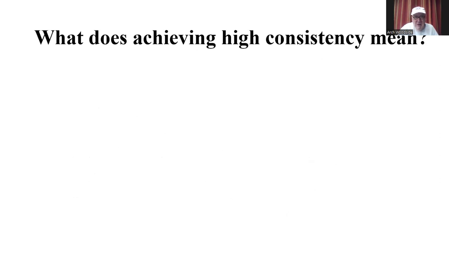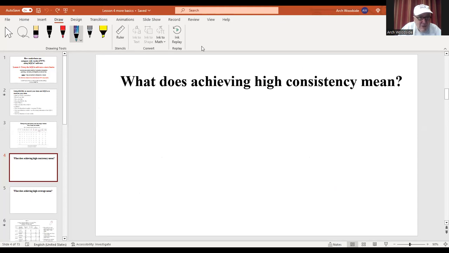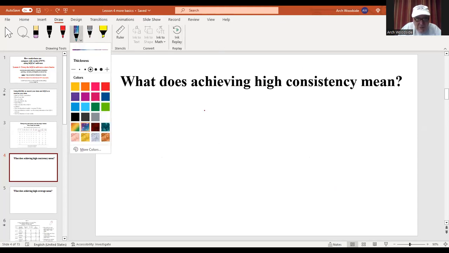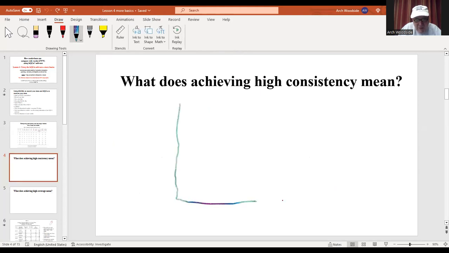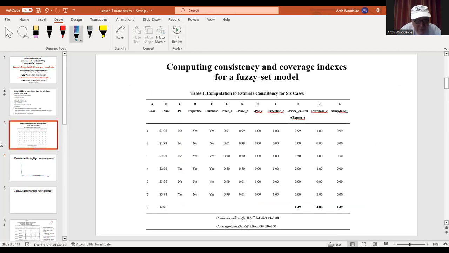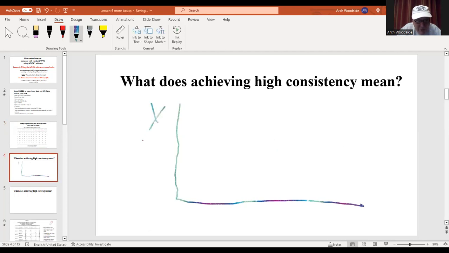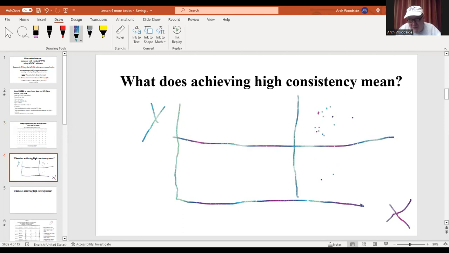If I escape from this for a second and look at consistency, what that means is, if we draw a little picture here, this is Y, and this over here is X. If you're consistent, then for the cases that are high on X, most of them would also be high on Y. So with consistency, you're comparing vertically here.